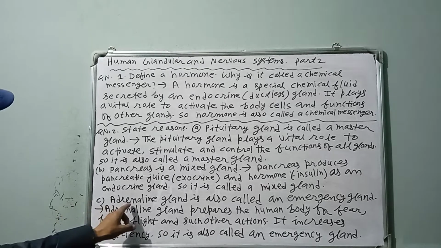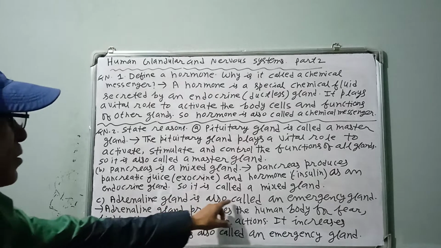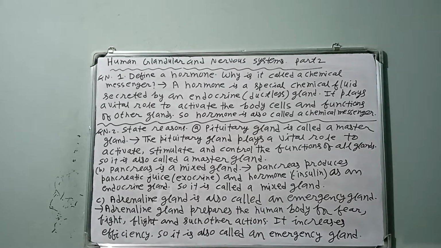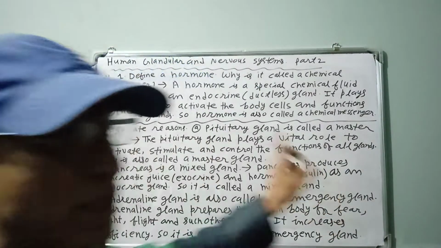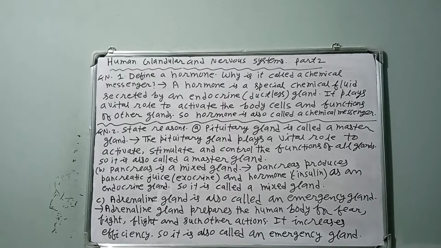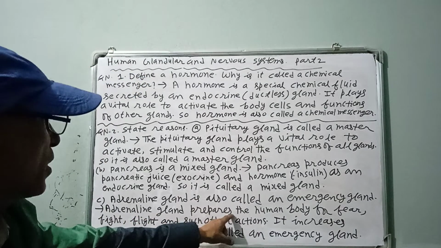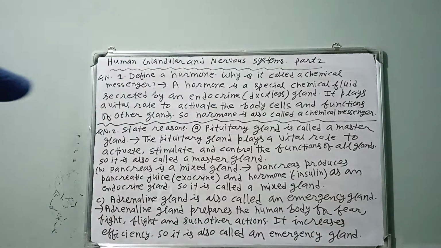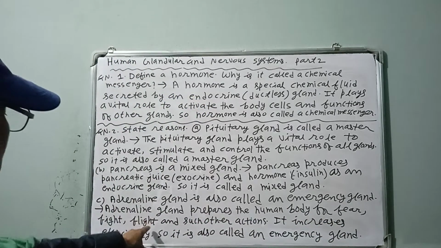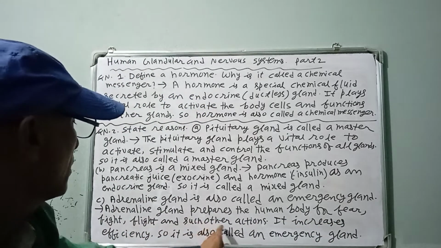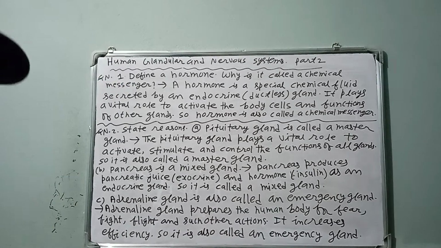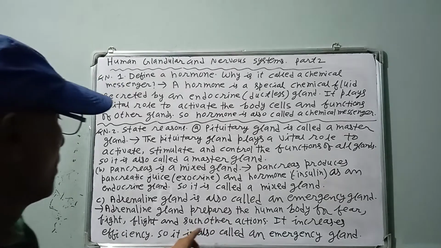Number C, adrenaline gland is also called an emergency gland. Just by the word emergency, अप्ठ्यारो परेको बेलामा काम गर्ने. Adrenaline gland prepares the human body for fear, fight, flight and other emergency actions.